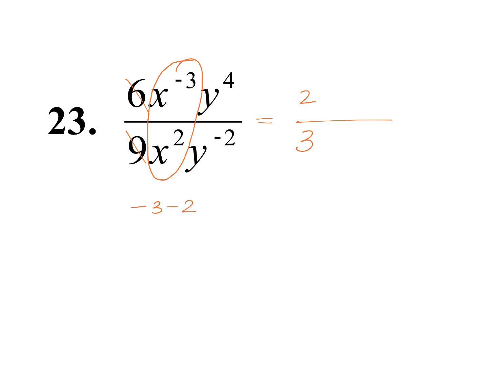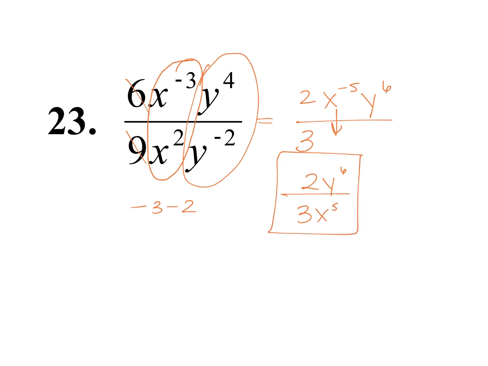That's a negative 5. Okay, so you have x to the negative 5th. Then this one, 4 minus a negative 2 is y to the positive 6th. So all you got to do is move this one down. So it's going to be 2y to the 6th over 3x to the 5th, and that's going to be your answer.